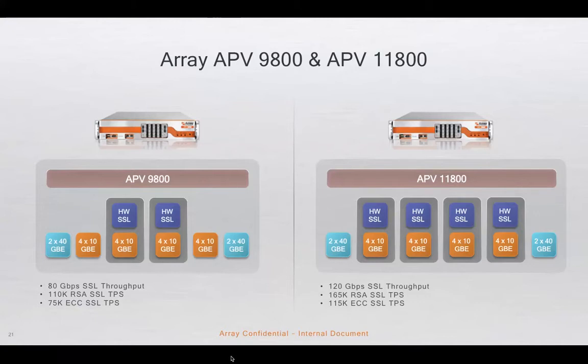And you can see some of the interfaces and how we do the SSL crypto on board. So not only do you have the hardware accelerated SSL, but also the NICs and interfaces needed to enable an SSLI solution like this.